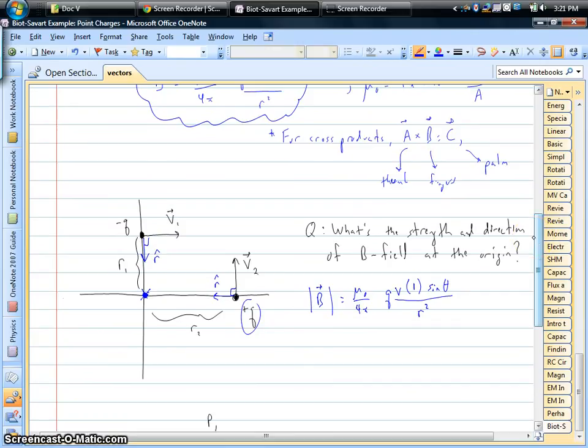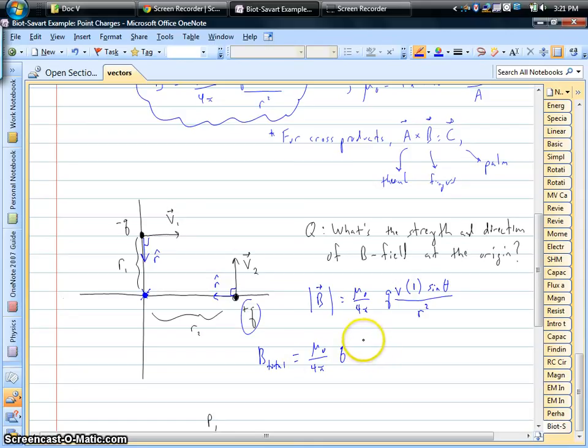Now I'm going to do some symbolically. We want to try to find the total magnetic field. Well, we can use Biot-Savart for each charge individually. We know the direction of each is in the same direction, out of the screen. So let's say for that negative charge, we've got our constants, we've got however many coulombs that charge is.